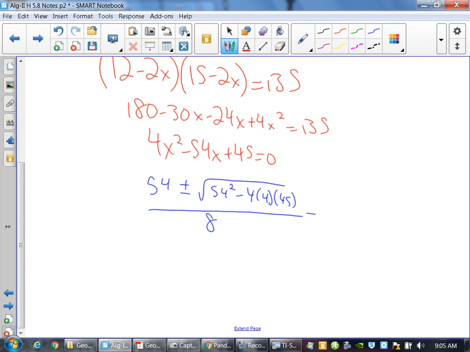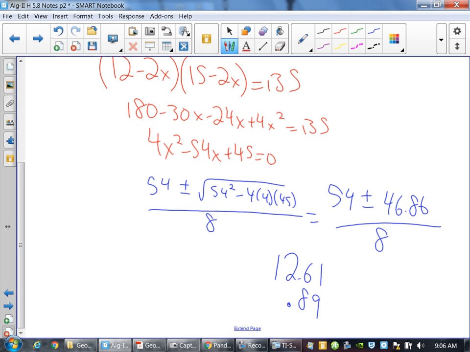You wind up with decimals of 54 plus or minus 46.86 all over 8, which gives you 2 separate values. Gives you one value at 12.61 and another one at 0.89. Those are 2 separate values for x, for the possible width of the border.